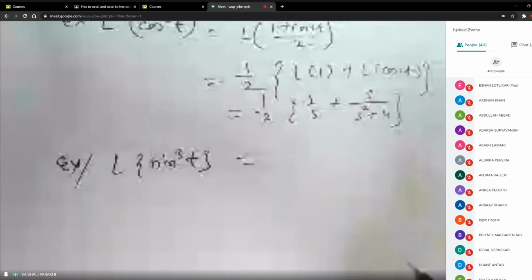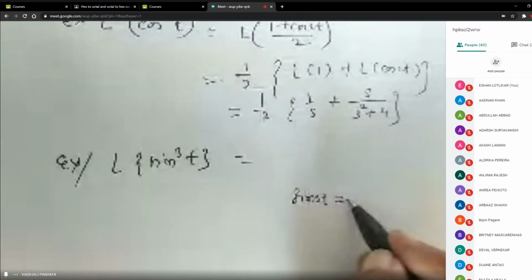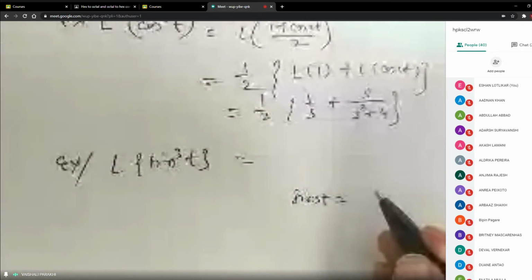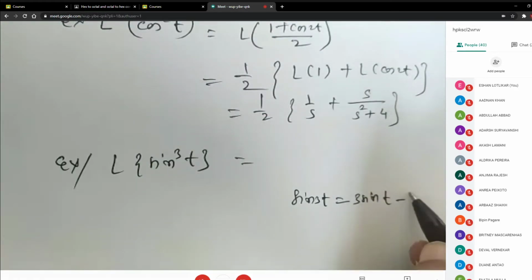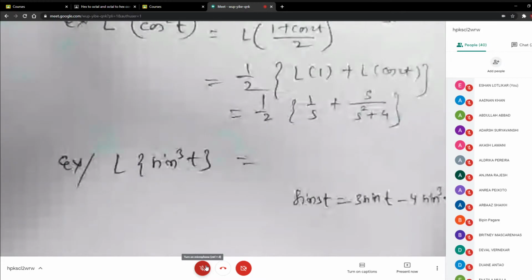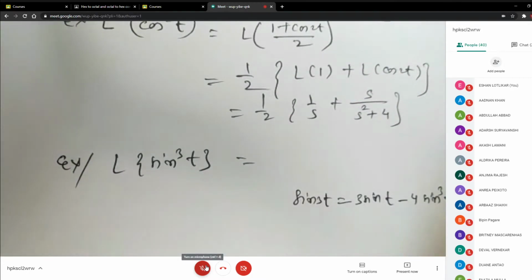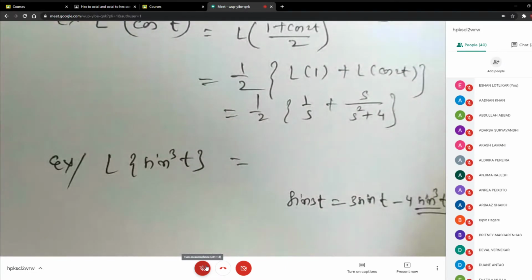Or what you can do is, you must be knowing what is sine of 3t, no? What is the formula for sine of 3t, students? 3 sine t minus 4 sine cube t, right? You must have learned these formulas in 12th standard, correct? But you have not revised. So we want the substitution for sine cube of t.